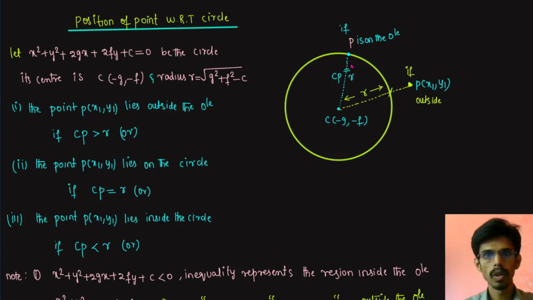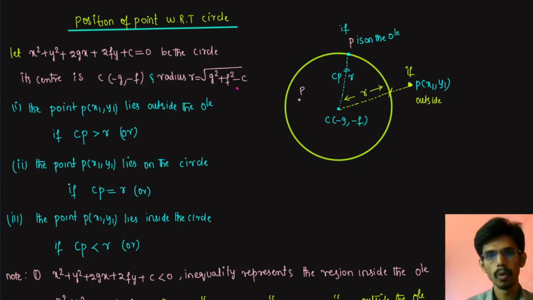So both are equal. So if the point P lies on the circle, then the distance between the center and point P will be equal to r.